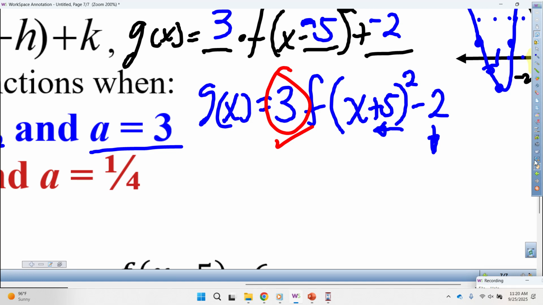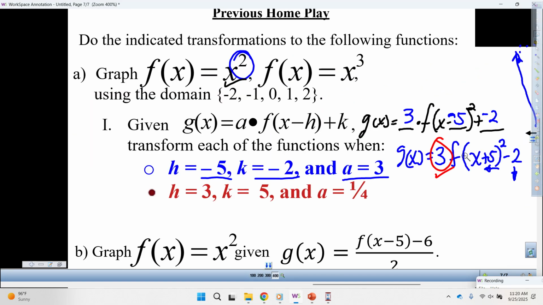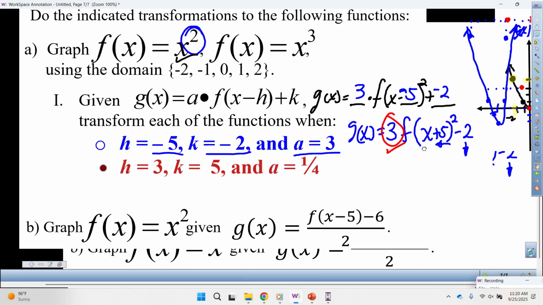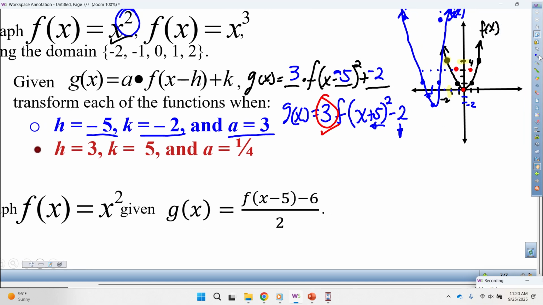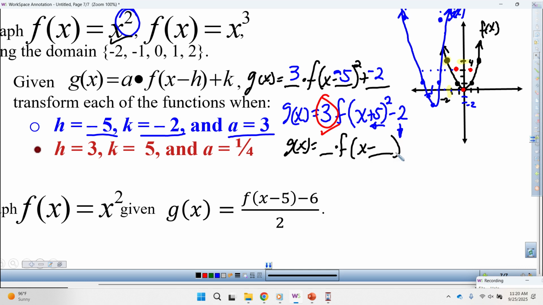Now, with the red one, let me just set it up so you guys can see what happened to that one. Same idea. We get g of x equals blank times f of x minus blank plus blank. h is 3, k is 5, and a is 1/4.